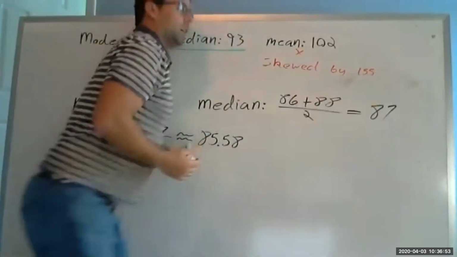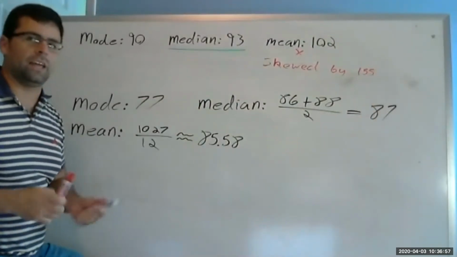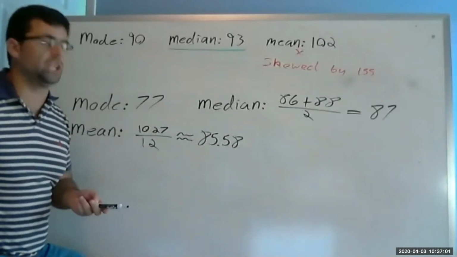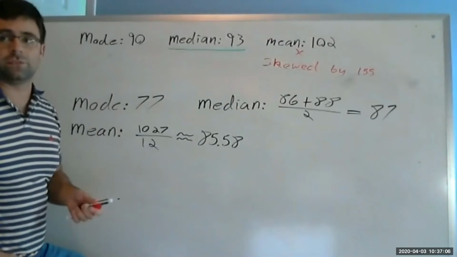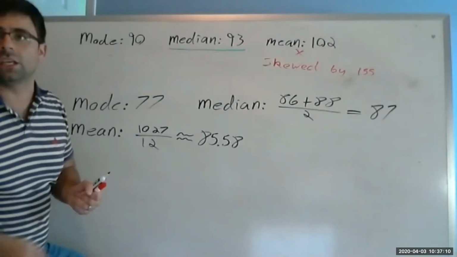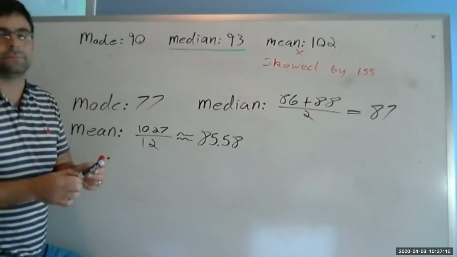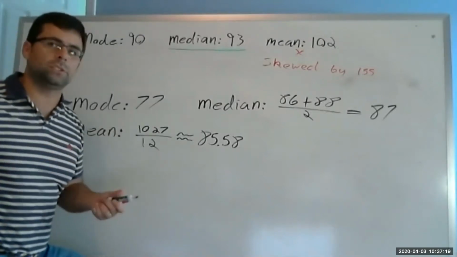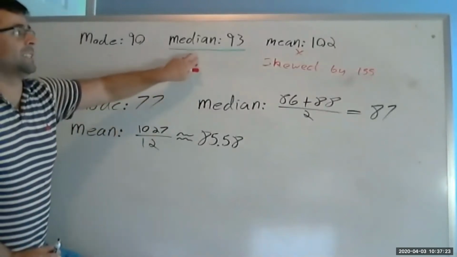If you have one number that's totally different than everybody else, that causes the average to shift really badly one way or the other. But it doesn't affect the median. If you've got one really big number, it doesn't matter if it's a little bit bigger than everybody else or a bunch bigger. So in this case, the median is better.